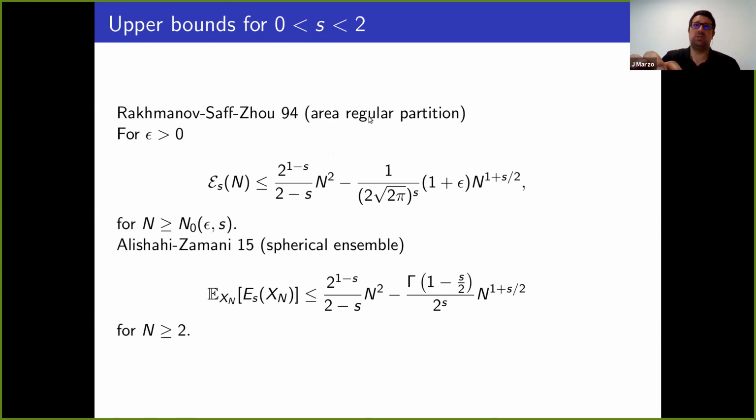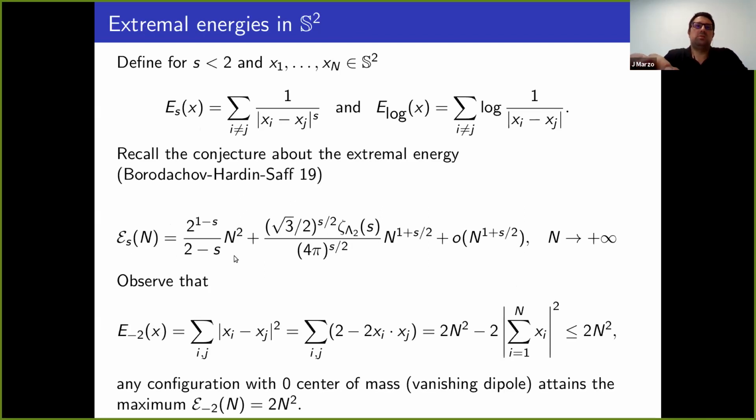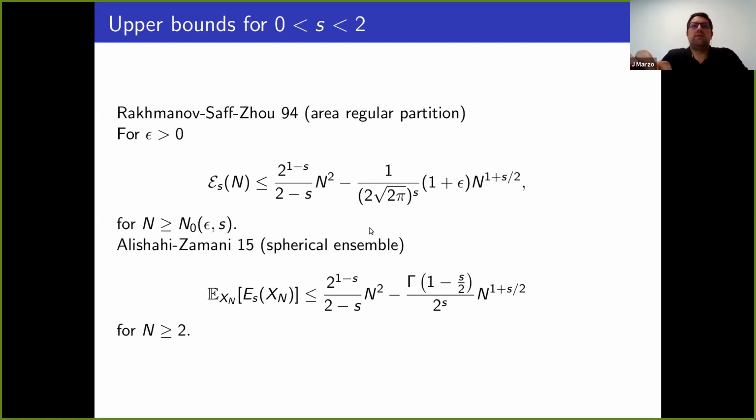Again, using some area regular partition. This is not random, but they consider this partition and some points in there. They were able to prove that for any epsilon, this minimal energy is bounded by the right main term. So this is the right one. And then you have some negative value, which is 1 over this, and the corresponding power, at least for big enough n.